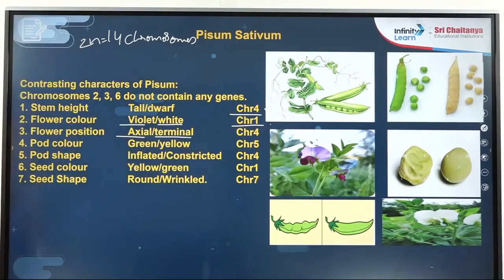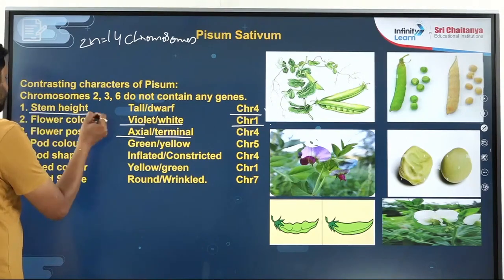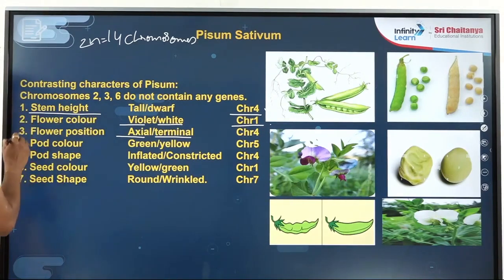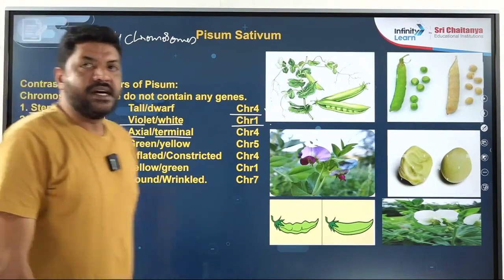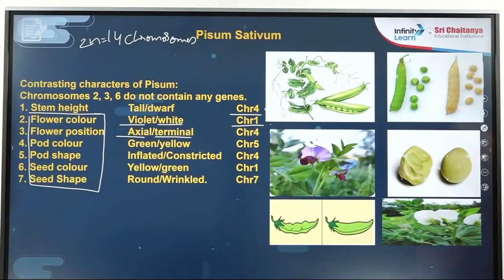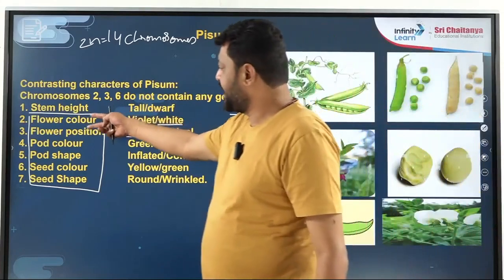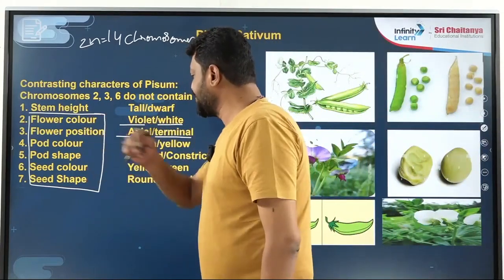Like that, we can see all these characters of Pisum sativum on screen itself, of which stem height is the vegetative character and the rest of the characters are reproductive characters. If the question is asked how many characters are selected from flower, it is 2 characters, pod 2 characters, and seed again 2 characters.